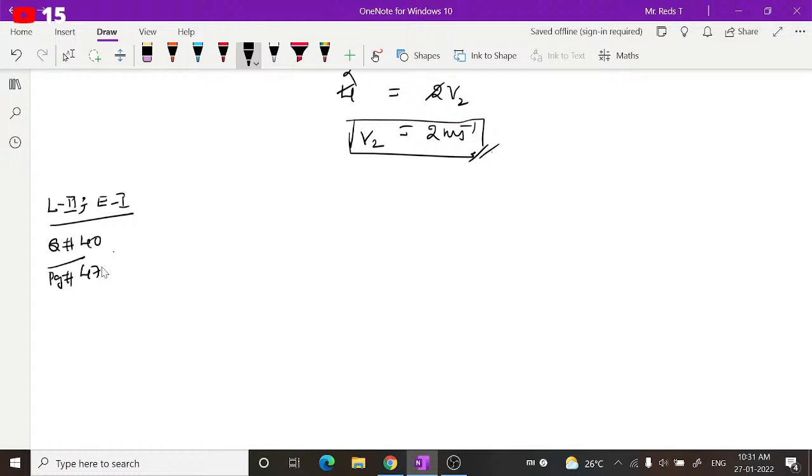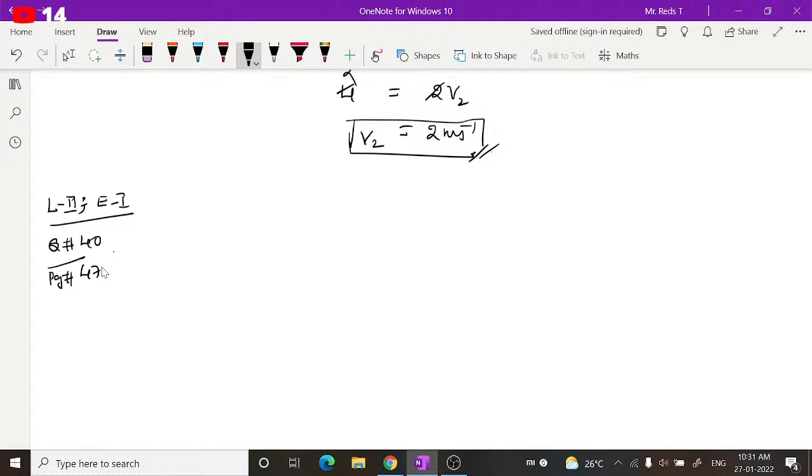Right. See here. First we'll see question number 49, page number 48. What is given here and what are you asked to find? In two separate collisions, the coefficients of restitution, E1 and E2, are in the ratio 3:1.